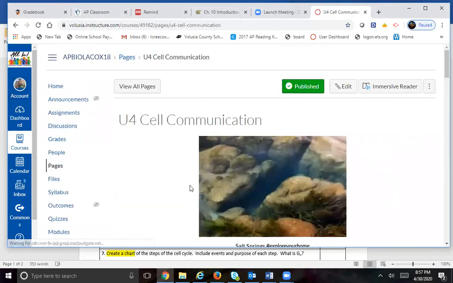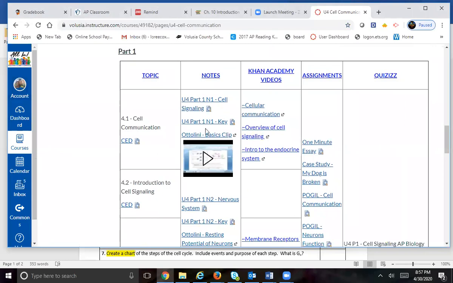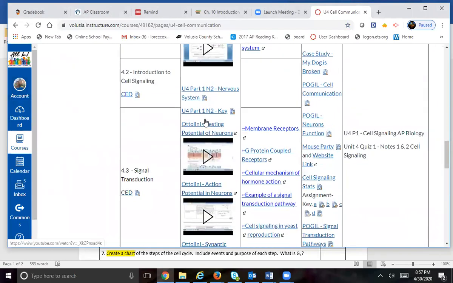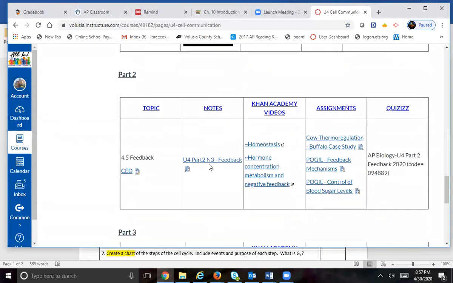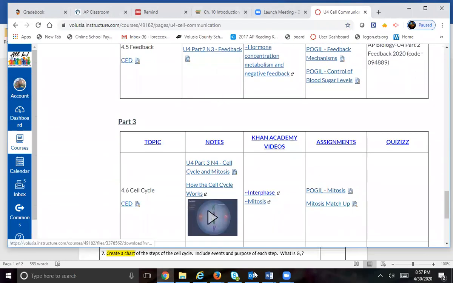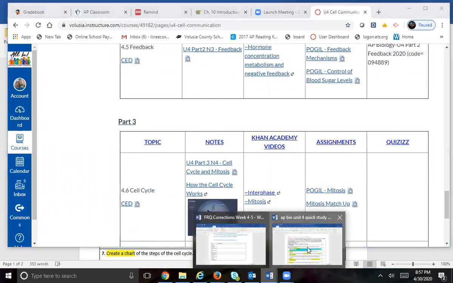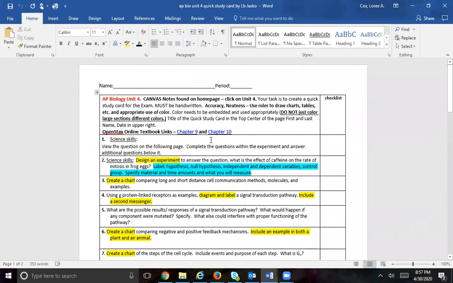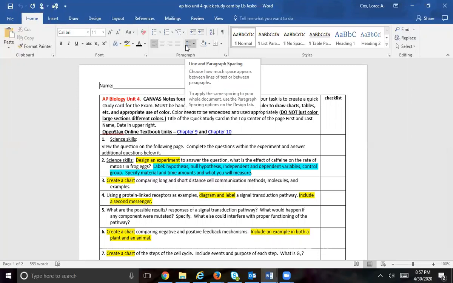If you click on cell communication, you'll open it up and all of the notes are here. You can pull out any of those notes that you want to look at. Another resource that you have is OpenStax. If you click on chapter 9 right here, that's going to go to the first part of cell signaling. Chapter 10 will take you to chapter 10, and those links go right into the OpenStax online textbook. On the front and back of your card, this is going to be a 100-point summative for you to create and then send to me.